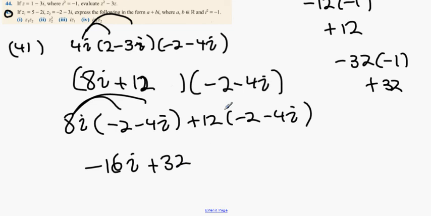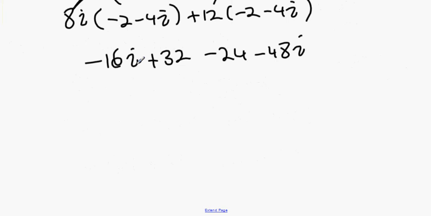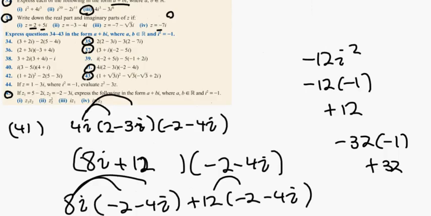So plus 32. There we go. 12 times −2 is −24, 12 times −4i is −48i. Then we get 32 minus 24 is 8, and −16i minus 48i is −64i. So 8 − 64i is the answer for that one.